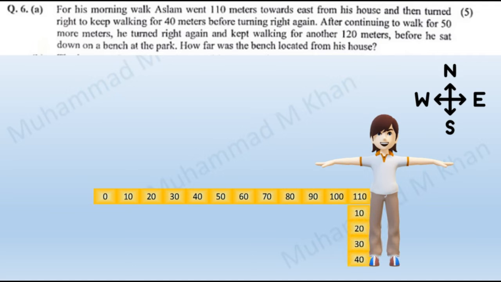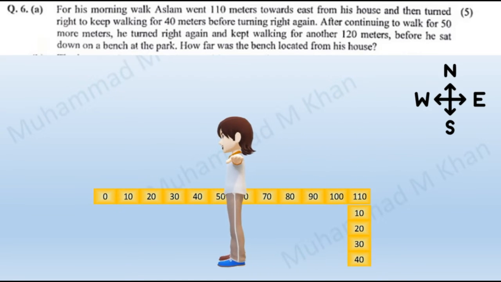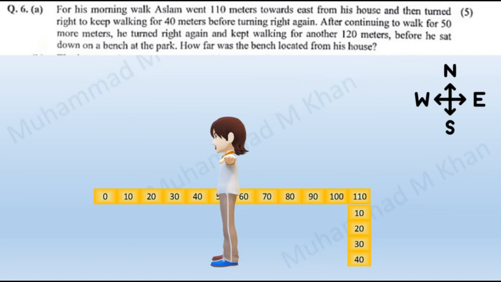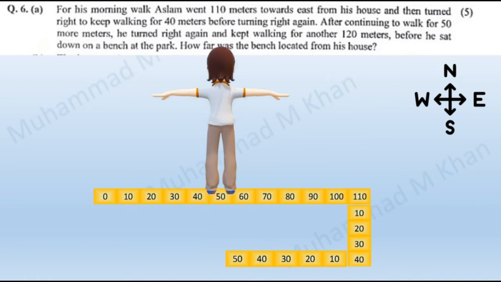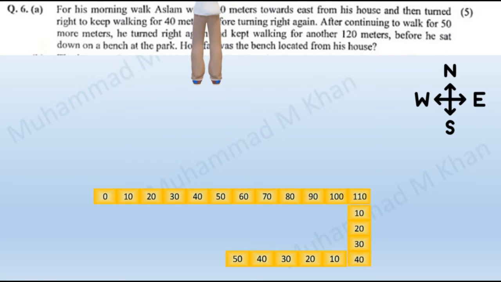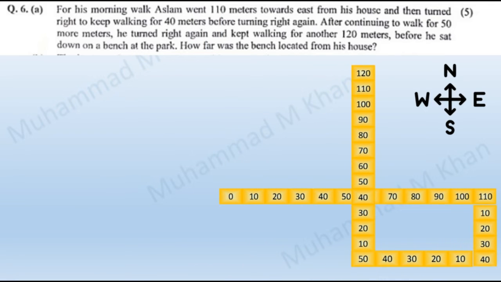Then he took another right turn and walked for 50 meters, and finally he took a right turn again and walked for 120 meters. So this is the path upon which Aslam has walked.